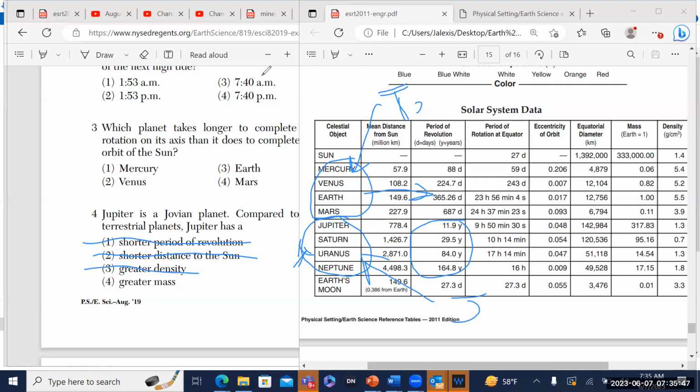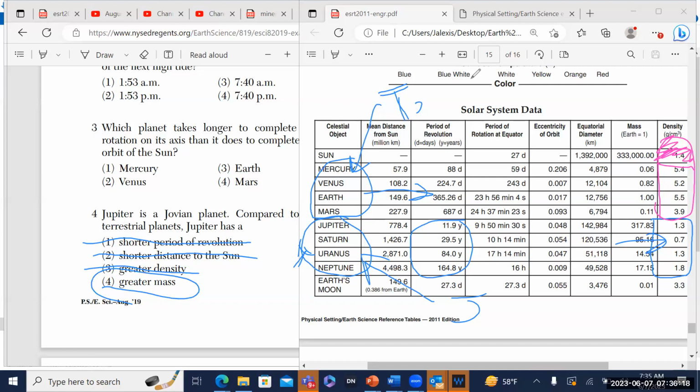No, that's not the density. That's not the case, because if you look at the density, all Jovian planets' densities are less than 2. And for terrestrial planets, not including the sun, all terrestrial planets have a density of greater than 3. So it can't be that. So therefore, they do have a greater mass.